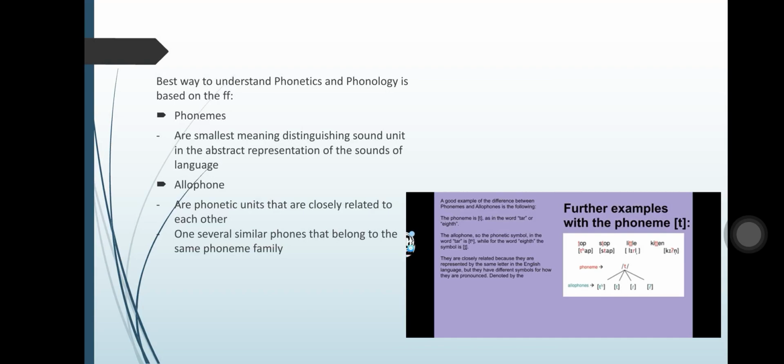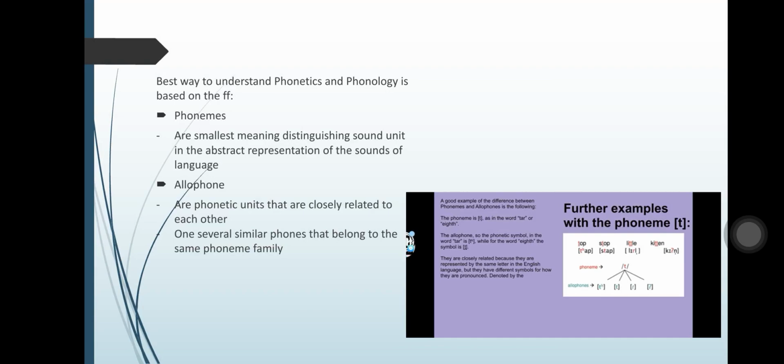Next is allophone. Allophones are phonetic units that are closely related to each other, several similar phones that belong to the same phoneme family.